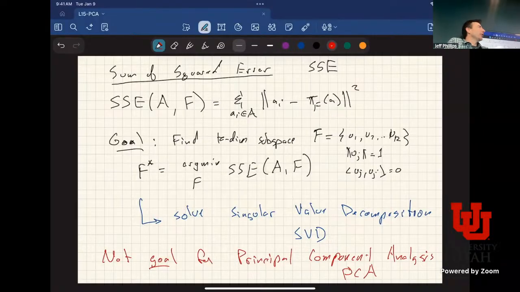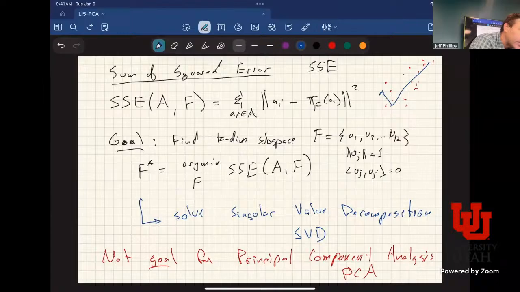Okay, yeah, so let me try and draw a picture here. We have now, instead of just one data point we're projecting, a whole set of these data points, and we'd like to find a subspace through here defined by k unit vectors.